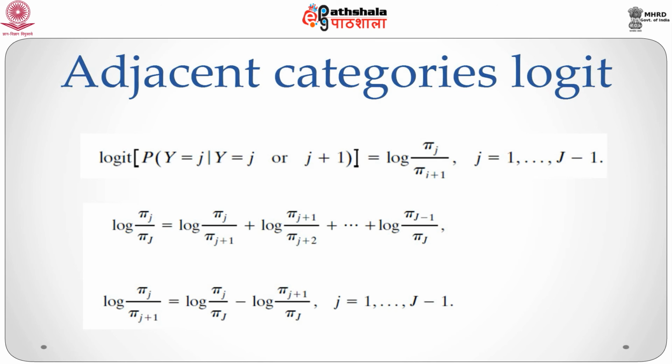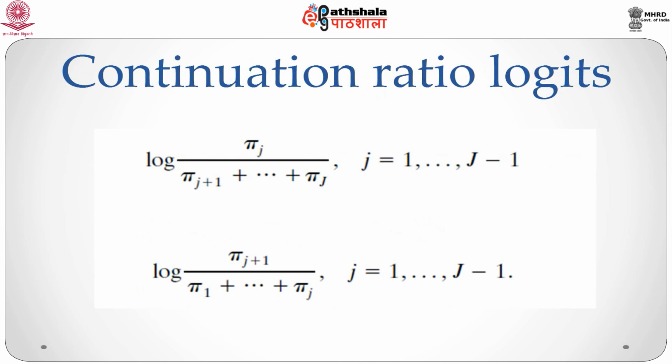So, here again we can construct the various log odds ratios, log of pi_j over pi_J, as the sums in this case. Another model which has received popularity in the literature is the continuation ratio logits, and this is based on something called the continuation ratio, which is log of pi_j divided by pi_(j plus 1) up to pi_J.